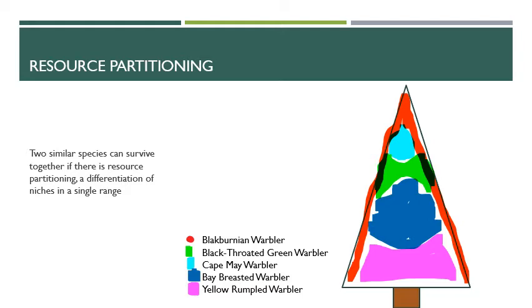Though there is a limited resource, the tree, the Blackburnian warbler only lives right along the edges. The black-throated green warbler lives in the center, in the middle, compared to the Cape May warbler that lives at the peak in the middle. The same tree, the same resource is being used by different species, and they are not competing with each other due to resource partitioning.